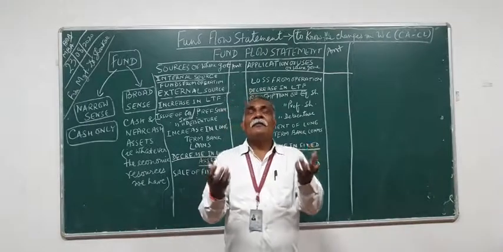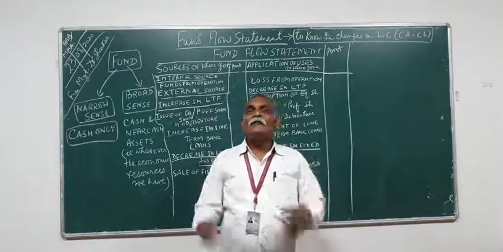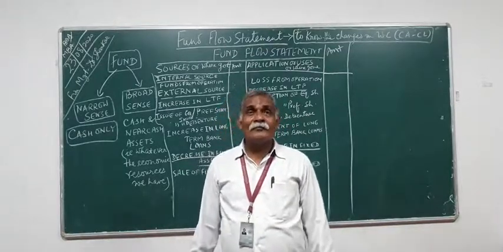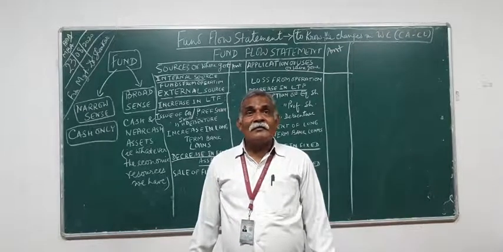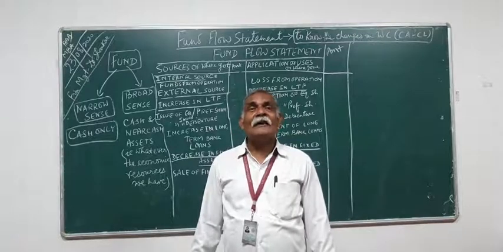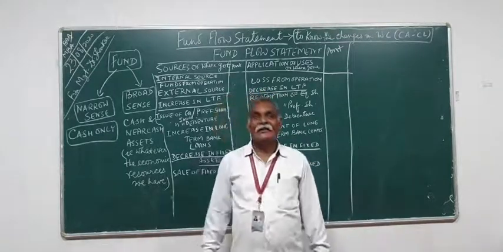So how do you know whether something is a source or an application? How will you get the information of source and application? Very good question. You will get the information of source and application with the help of 2 years' balance sheets, not with the help of 1 year's balance sheet.